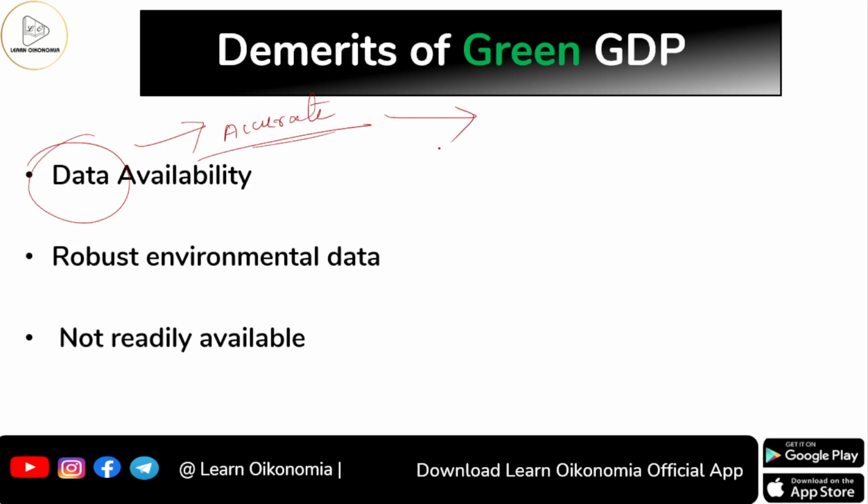So since we do not have an accurate set of data, how can you consider the calculation of green GDP? Again, it's a problem. Data being unavailable means your basic action of calculating GDP itself is now being negatively affected, isn't it? So this is another demerit of dealing with the GDP calculation.